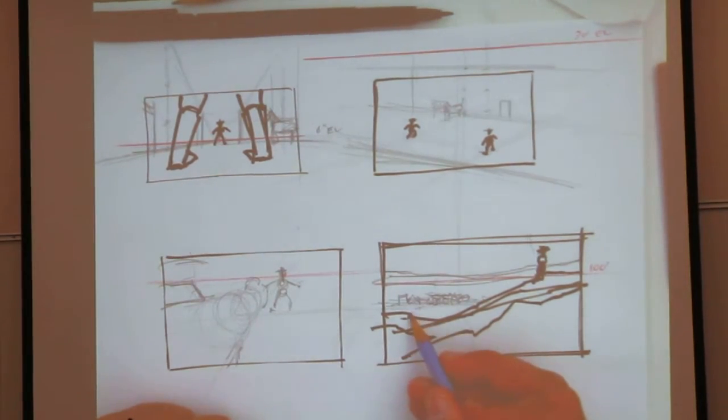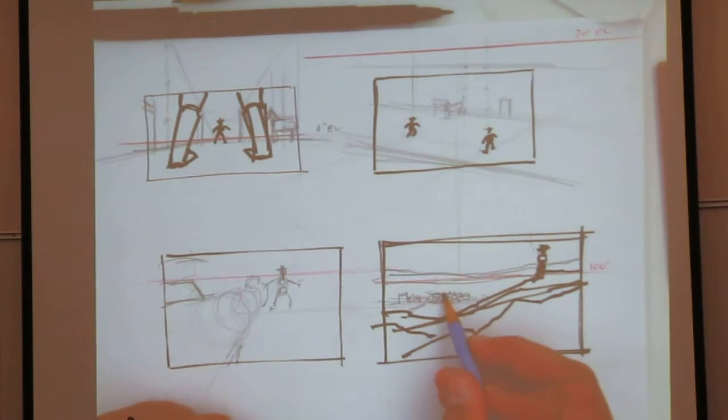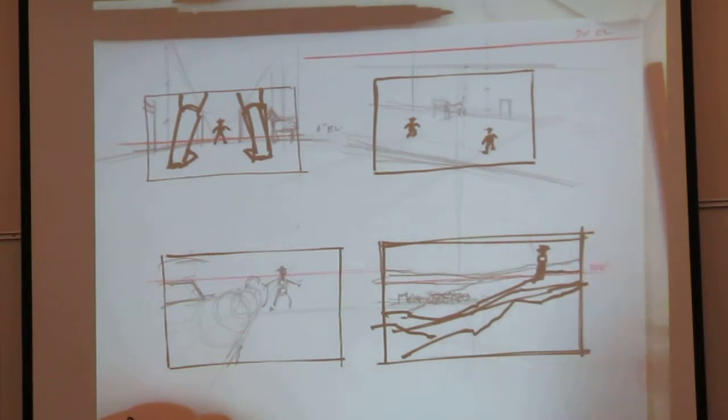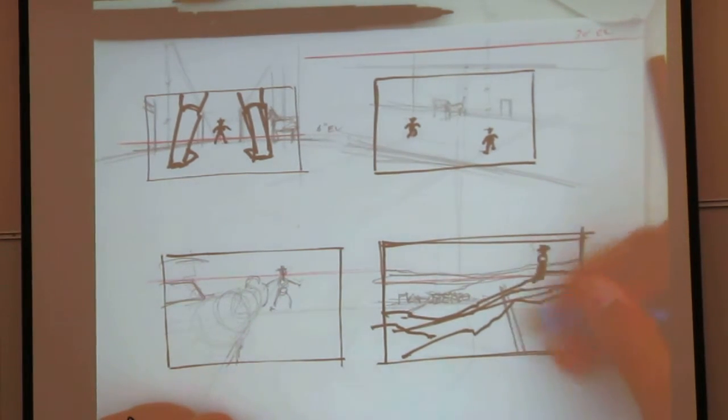And you can even draw the road going into town. Where's your level right here? You're supposed to say 100, I think. So this is like 80 feet.